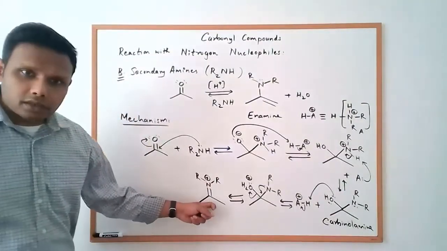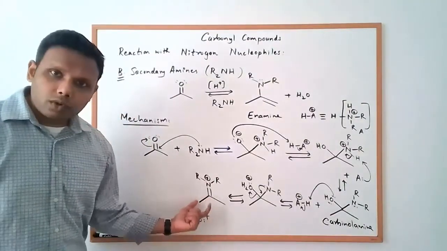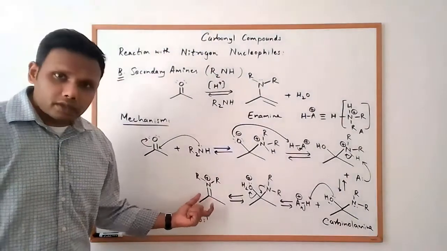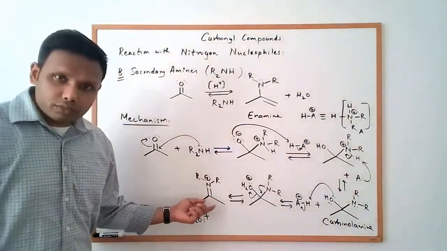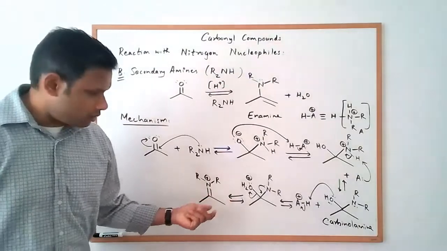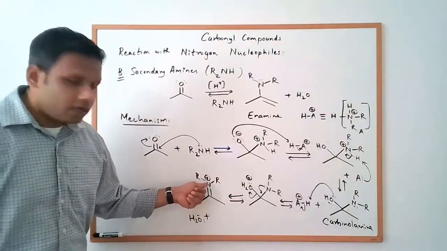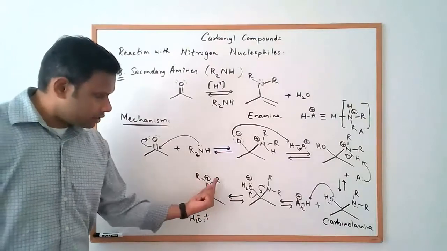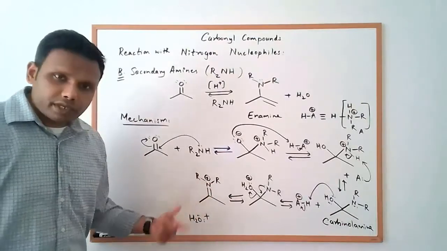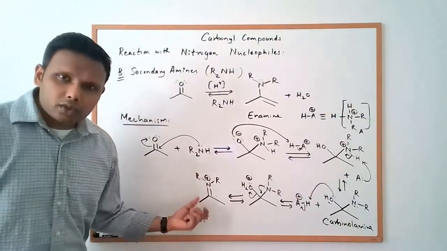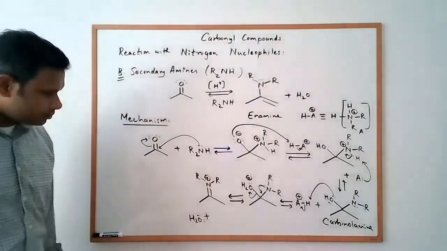Now, if you look at it, this looks pretty much like the imine, okay? With a double bond nitrogen, has a formal charge on that nitrogen because there are two R groups. So it's very similar to the imine, but it's not a neutral species yet.